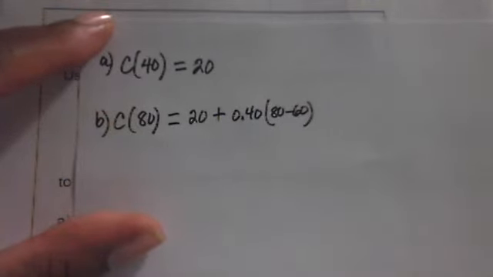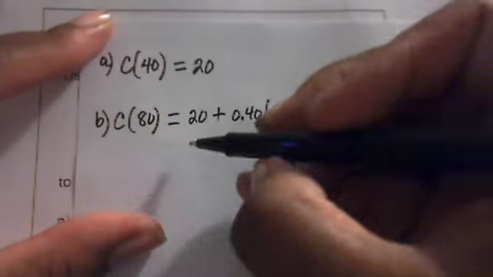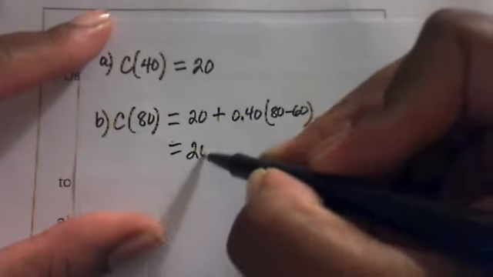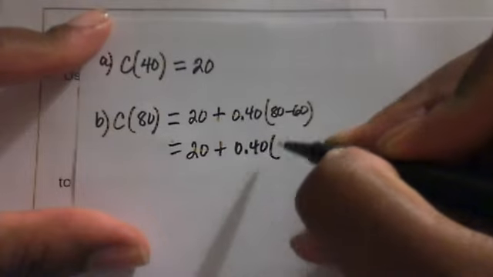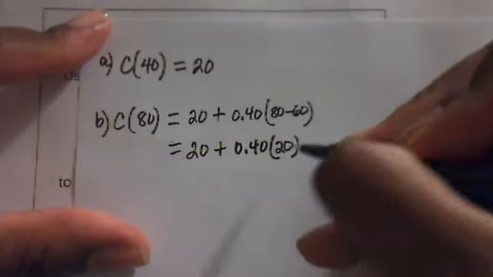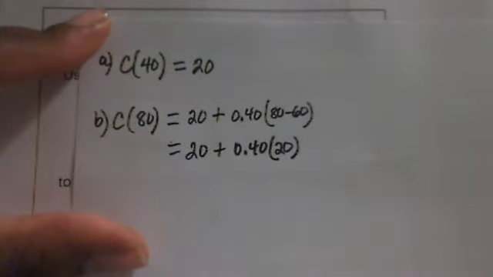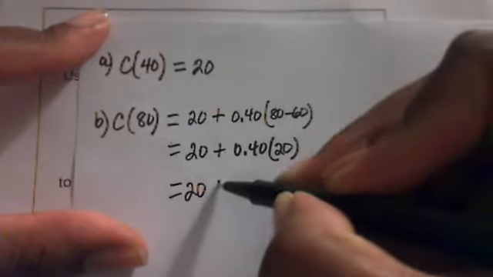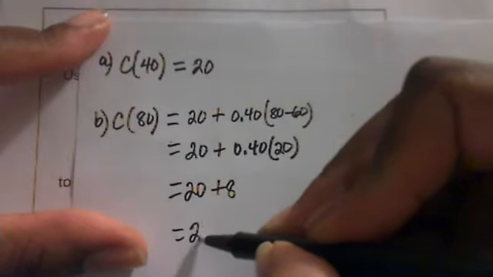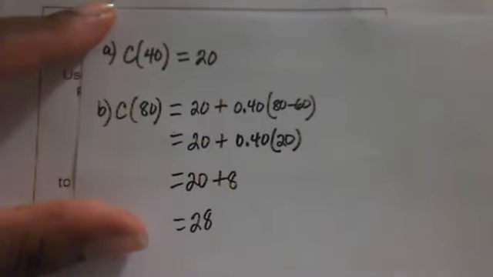Okay, now let's simplify this. 80 minus 60 is 20, so this will be 20 plus 0.40 times 20. And then 20 times 0.40 will be 8. So this will be 20 plus 8, or $28.